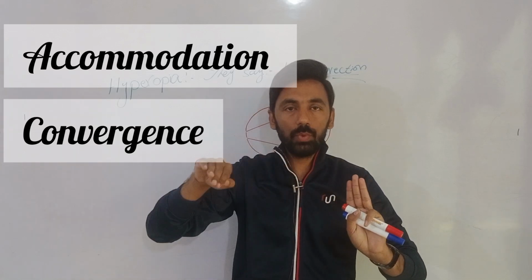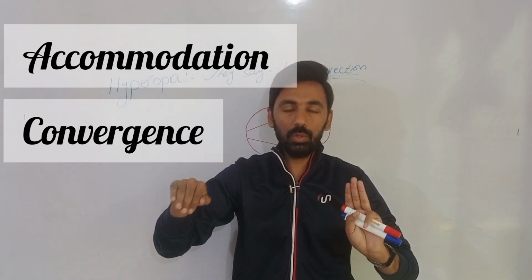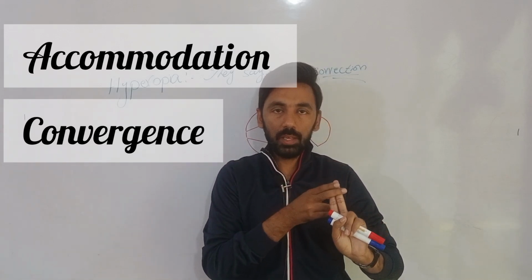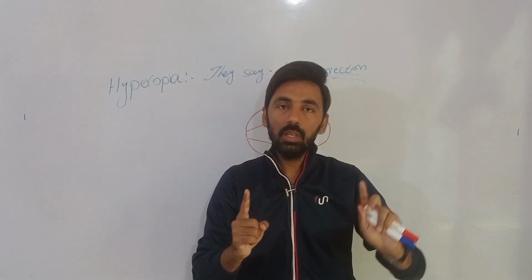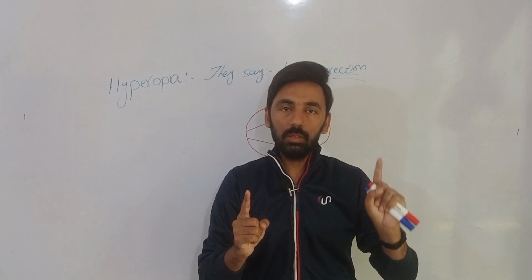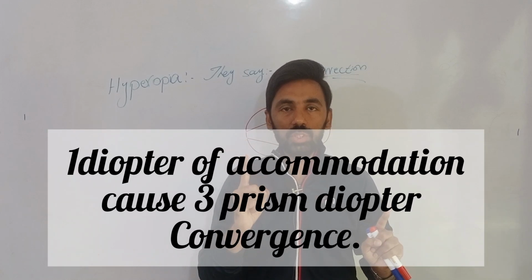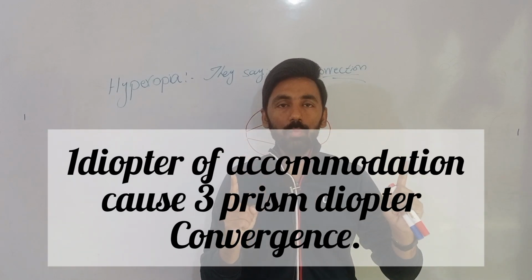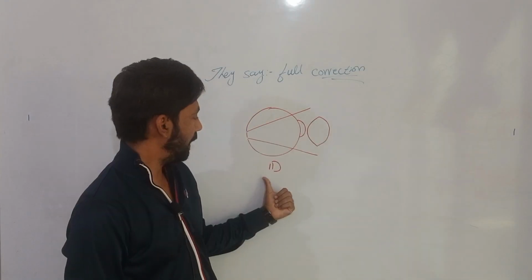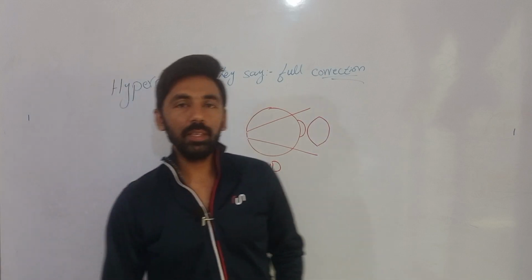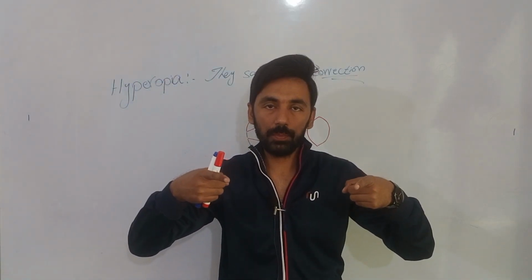We exclude pupil constriction for some time. Two phenomena: if accommodation occurs, convergence will occur. If there is one diopter of accommodation, there would be three prism diopters of convergence. So if the accommodation is one diopter, then the eye will get three prism diopters of convergence, right?